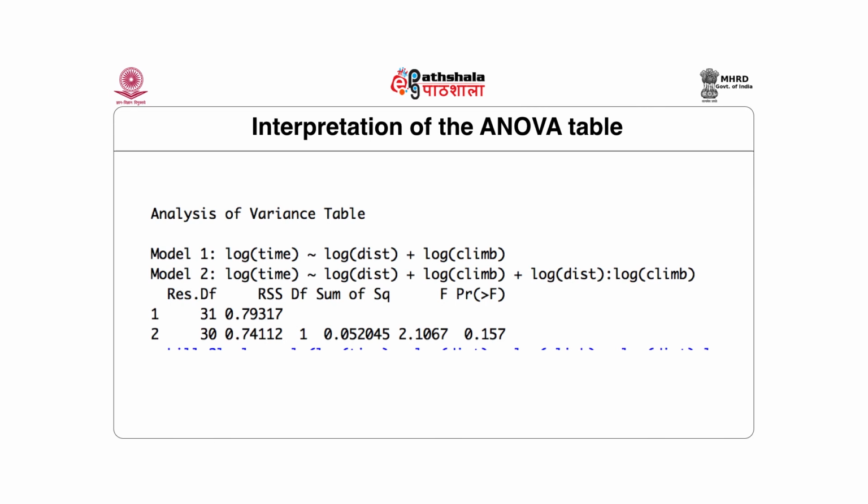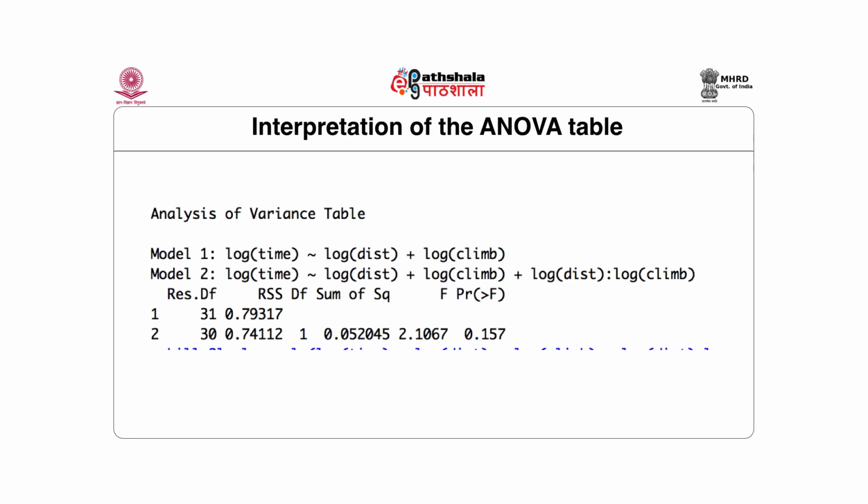Now, because we included an interaction term, the first thing that it did was put the log dist and log climb as a linear model. It did not put in the log distance times log climb in the first place. So that was the first thing that we wanted to do, and then interpret them, and then check that with the interaction term, right?